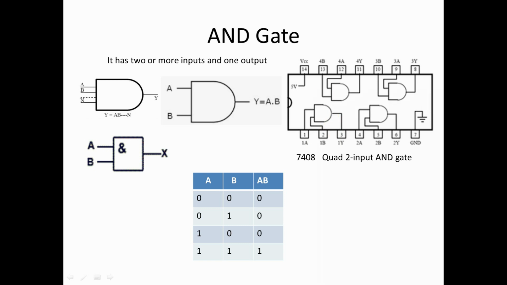The pin numbers 1 and 2 are the inputs for the first gate, and 4 and 5 for the second gate, and there are 2 more gates. 9 and 10 are the inputs for the third gate, and 12 and 13 are the inputs for the fourth gate, and the 11th pin is the output. 14 and 7 are the supply pins, that is 14 for the power supply, and the 7th pin is the ground.